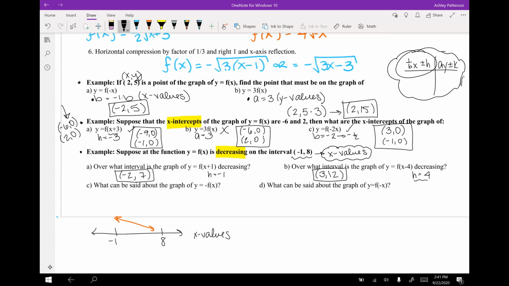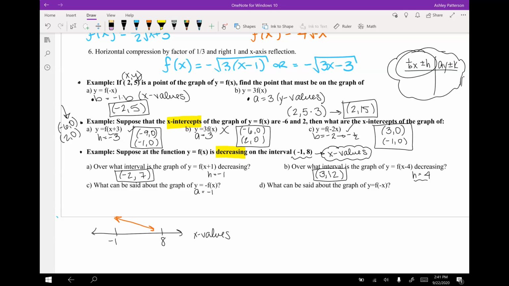Okay, C, what can be said about the graph y equals -f of x? Well, this is a vertical reflection because there's a -1 in front of the a value. So if I am decreasing, as shown here, and I vertically reflect, good, you are now increasing.